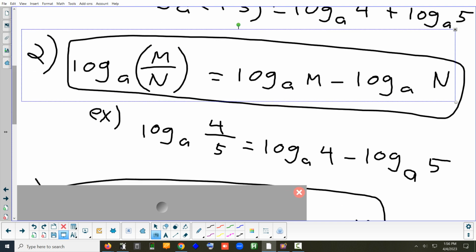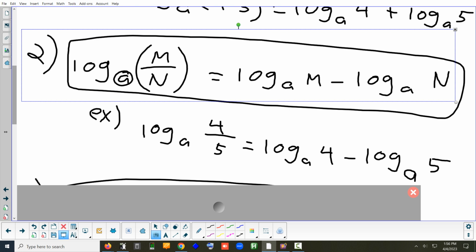And here's another example with numbers you could try if you want. But the log of 4/5 would have come from the log 4 minus log 5. Now, one thing I didn't mention here is the base started as a. When it was split apart into two different things, what was the base on each one of them?